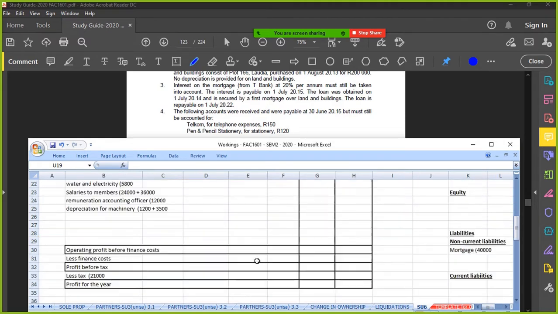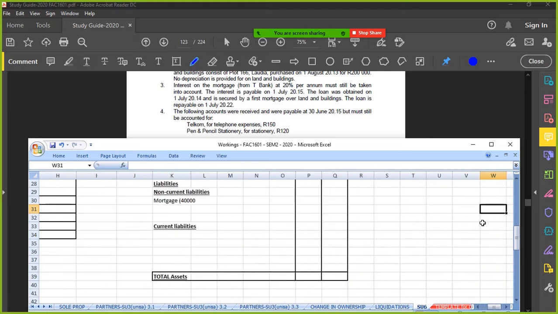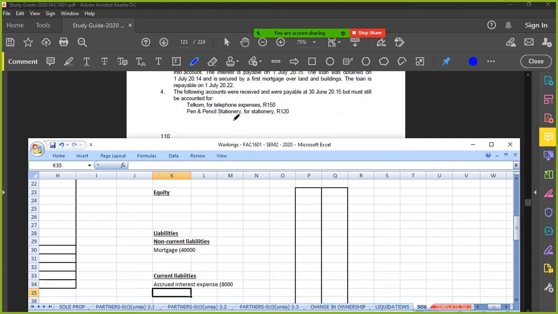Well, you said debit interest, which is a finance cost, so you would show 8,000 there, which is the interest, and here, accrued interest expense, 8,000. Happy with that? Yes. Okay, 4.